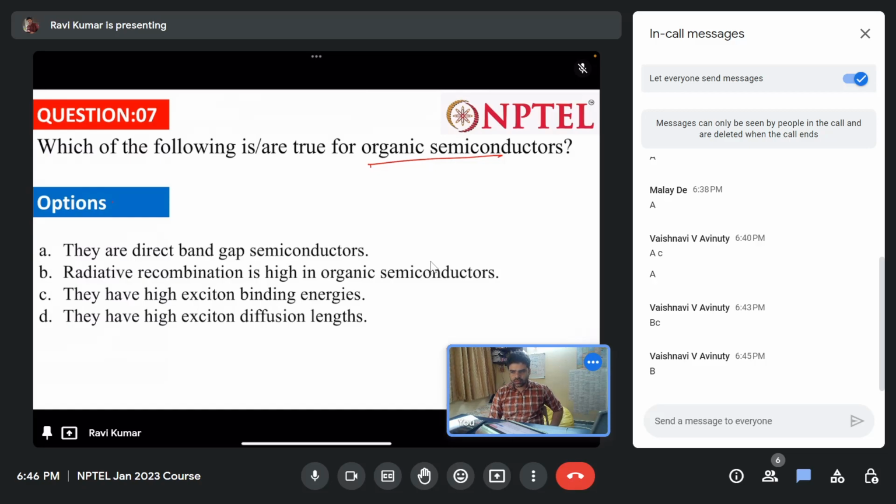A and C. They are direct band, they have high binding energy. What about B? B is also a right answer, sir. Yes, B is also right here. So A, B and C. Yes, the correct answer will be A, B, C.